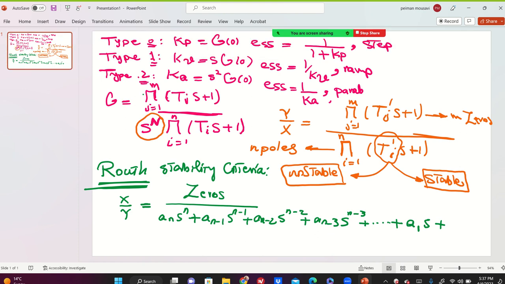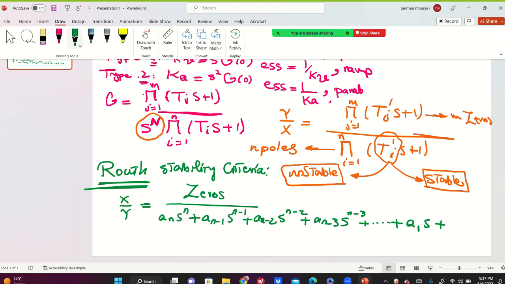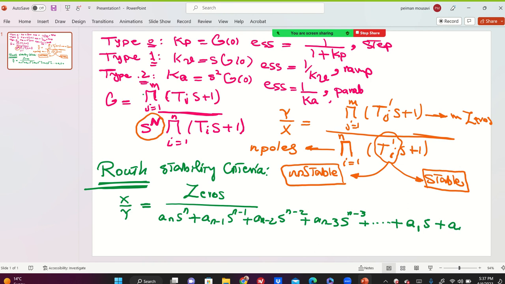Okay, and finally a_0, and you have n poles of the system. n poles, because this is the power of n.